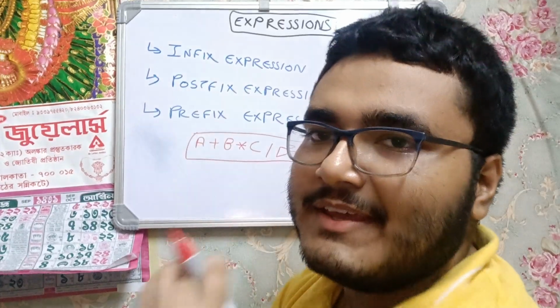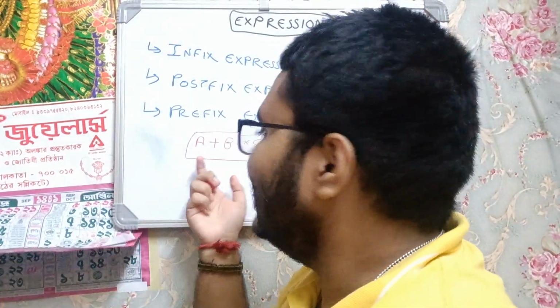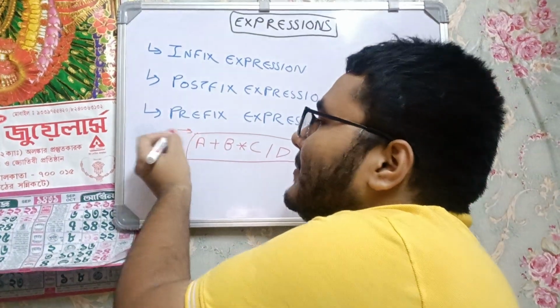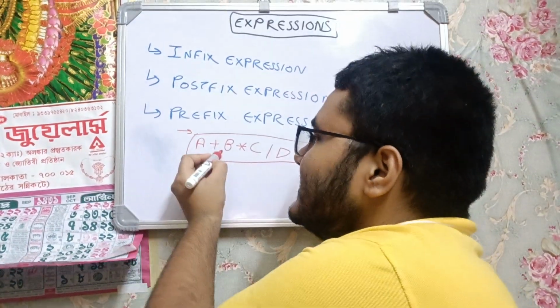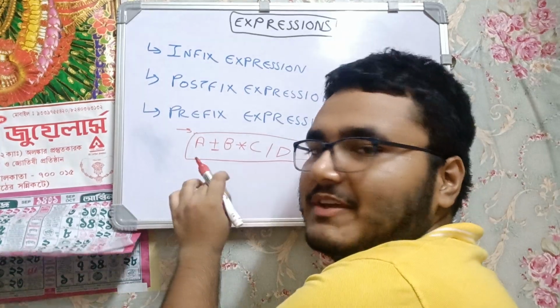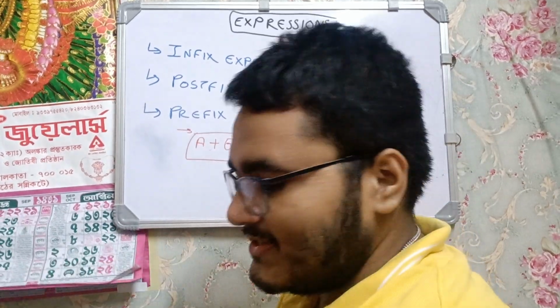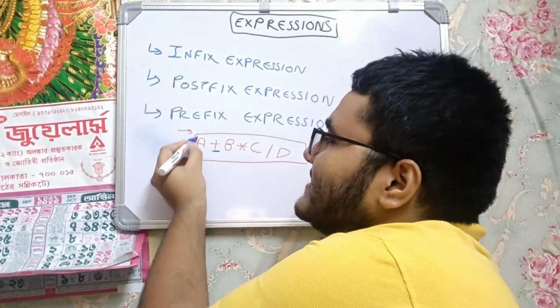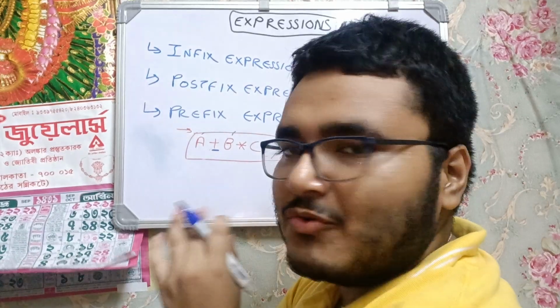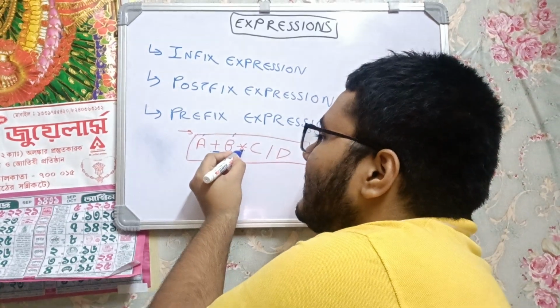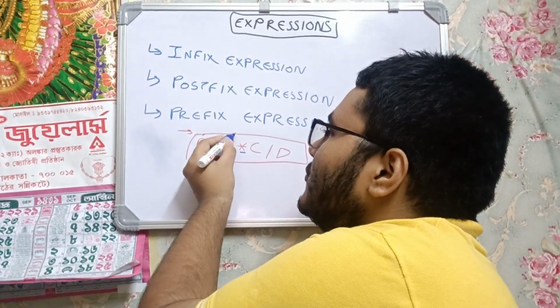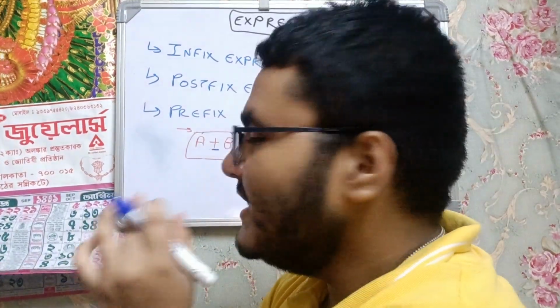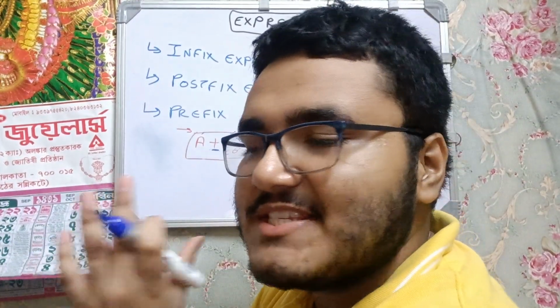Every time when we visit the expression from left to right or maybe right to left, you can see every operator is lying between two operands. Say plus is lying between two operands, that is a and b. Yes or no? Similarly, this into is having two operands beside it, that is b and c.